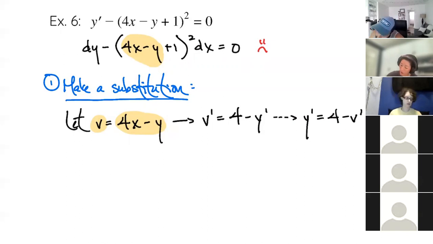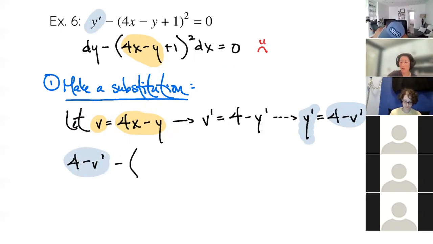And so everywhere I see the y prime, I'm going to replace it with 4 minus v prime. So 4 minus v prime is our y prime. Minus, let's see what happens inside the parentheses. I no longer have 4x minus y plus 1. Now I have v plus 1. And I don't just have v plus 1. Don't forget about that exponent. We have v plus 1 squared.